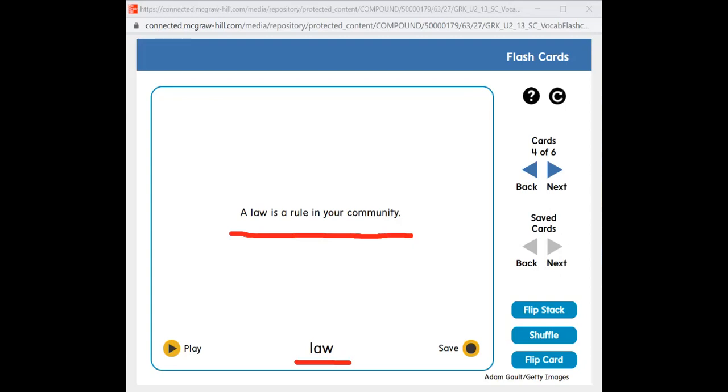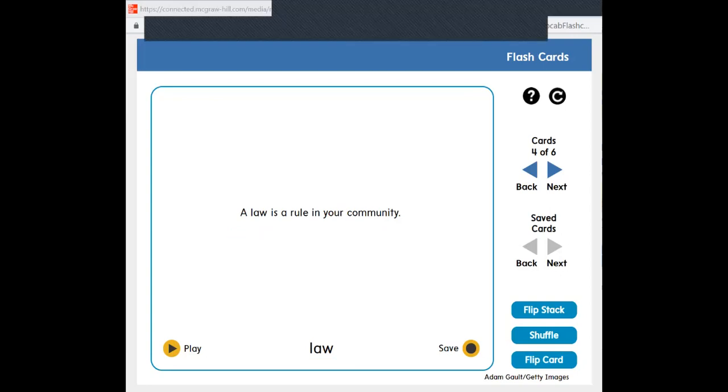So we follow laws in our community and in our classroom and even in our home. I'm sure you have rules at home too, right? So there are rules that we follow and that keeps us safe and helps us to be happier too. Let's see what our next vocabulary word is.